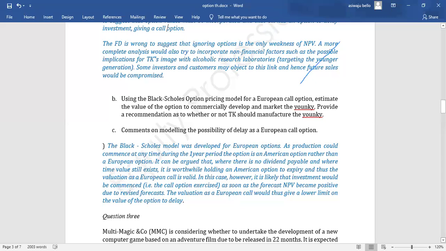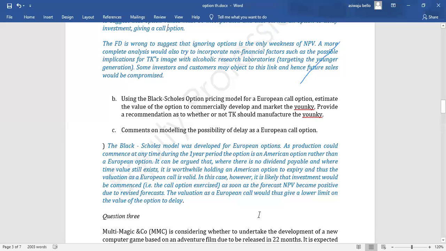The valuation as a European call option is then valid. What we are saying is, if the company waits for 12 months, that is 1 year, before commencing production, the above valuation we have done will be correct.